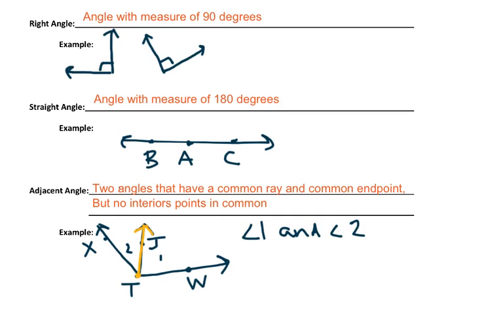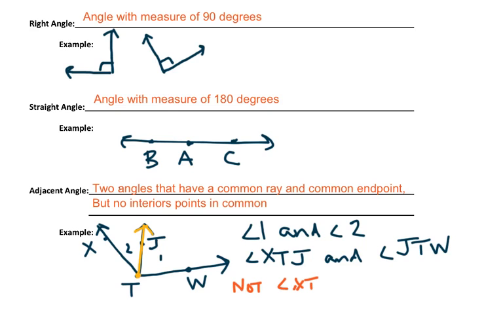And I can name them differently. I can say angle XTJ and angle JTW are adjacent. Now I'm going to show you an example that's not adjacent. So, not angle XTJ and angle XTW.